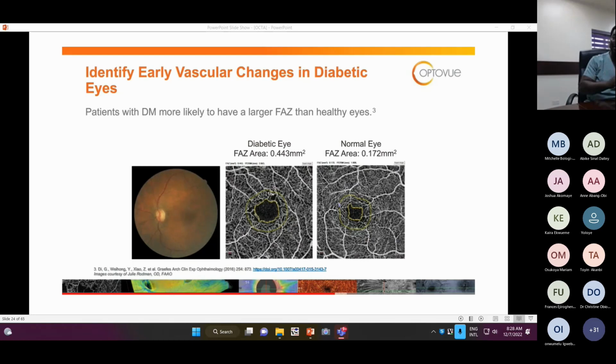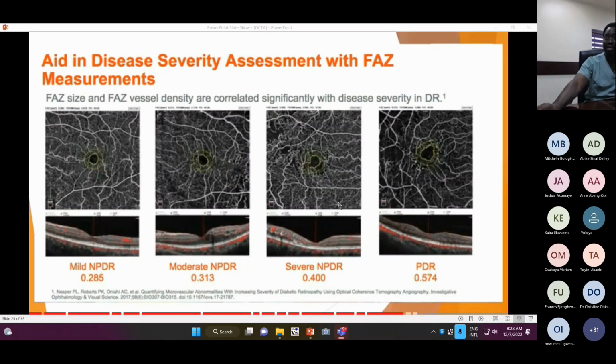And these fovea avascular zone changes occur long before we start seeing any visible fundoscopy signs, before we start seeing microaneurysms. So it's the earliest way now that one can begin to assess a patient and to monitor the patient closely. And also, it is different between the diabetic retinopathy patients and the normal patients.